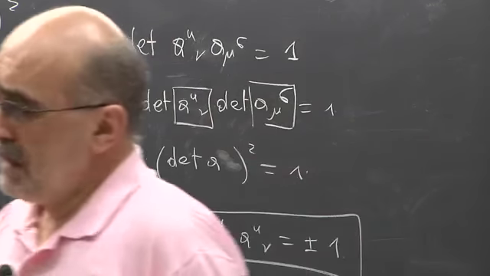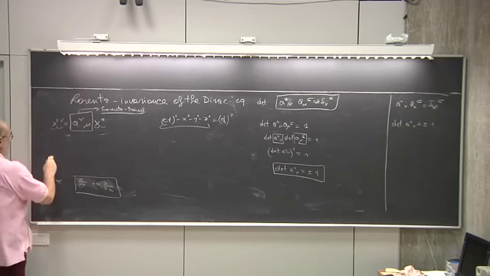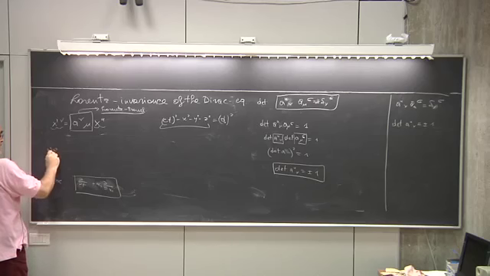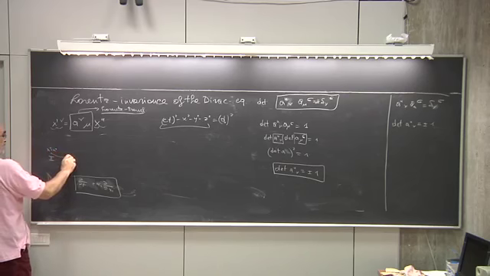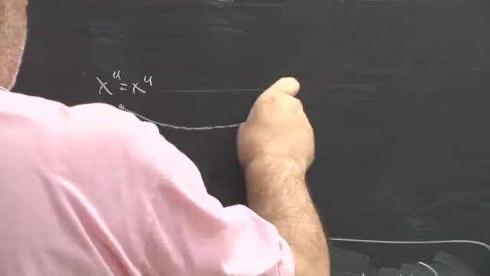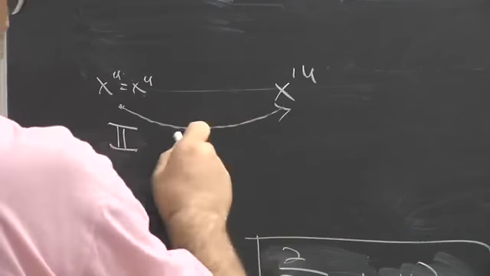Now, imagine these are Lorentz transformations. So let's imagine we start from the identity. So x mu is equal to x mu, and then we slowly change so that we move and we end up in a new x mu, doing a Lorentz transformation.